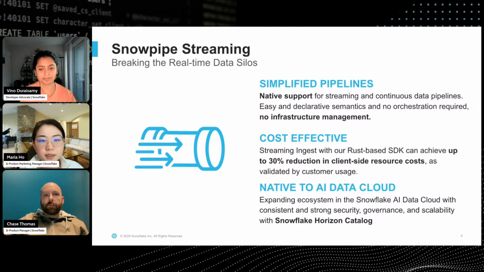So just a little double clicking here. What Snowpipe Streaming really is, at Snowflake, is that we want to offer three big value props for our customers. Simplicity: that ease of use, which means no orchestration required and no infrastructure management, so everything is hands-free. And obviously cost effective.